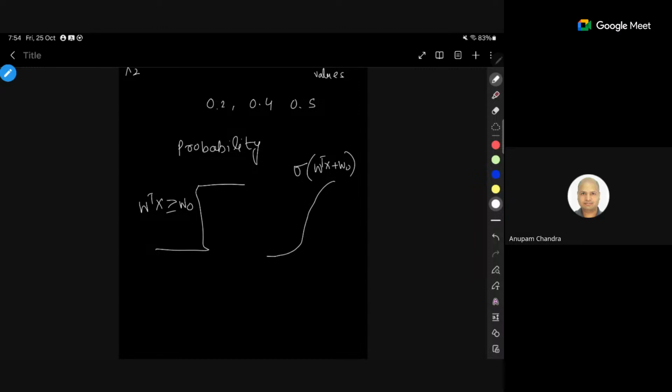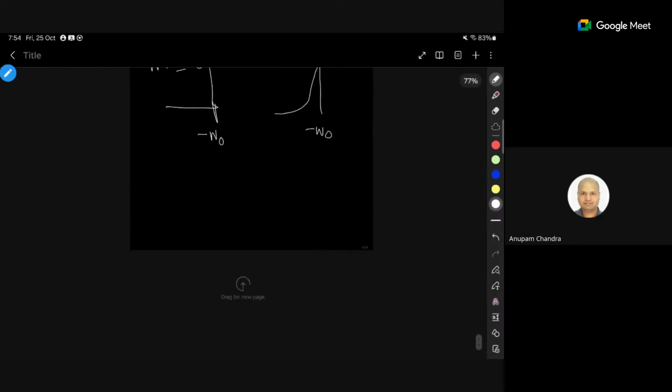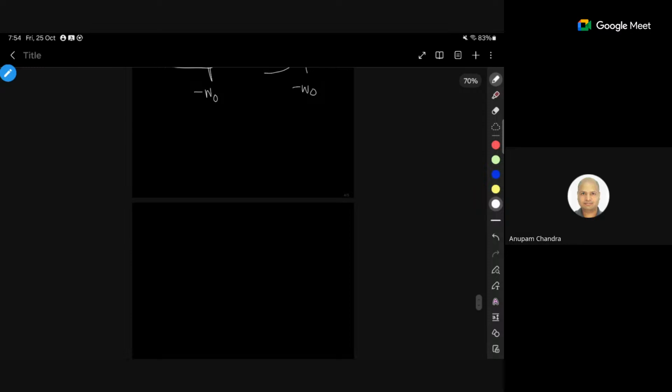In this case also we can define what my w naught is. Whatever value you decide, above that it will be that value and below something else, so you'll have a continuous value between 0 and 1. So that is the sigmoid neuron.